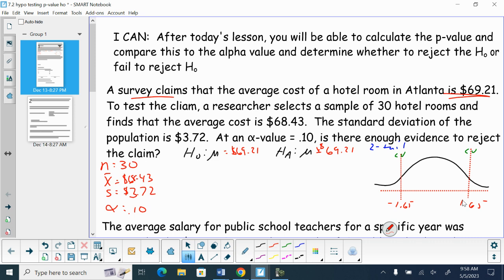Okay, then we go to our z-test value, which is x bar minus mu divided by the standard deviation divided by the square root of n. So we find our test value. We have 68.43 minus 69.21, over 3.72 divided by the square root of 30.